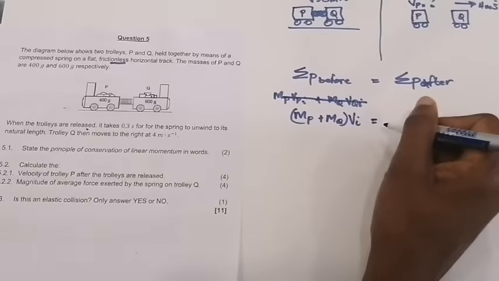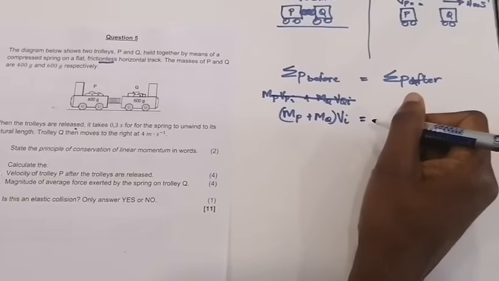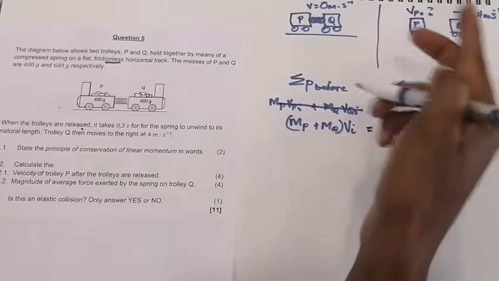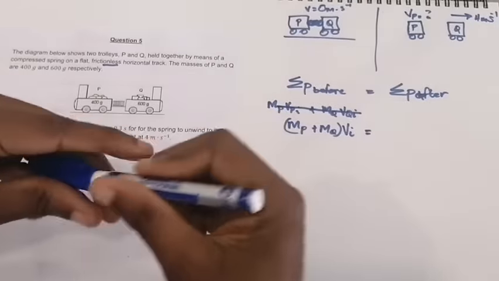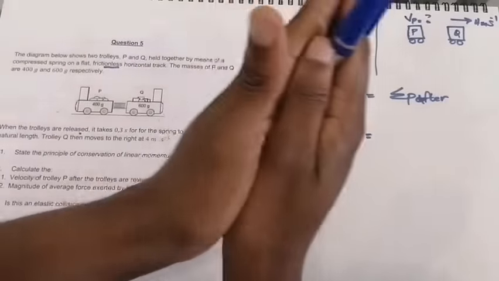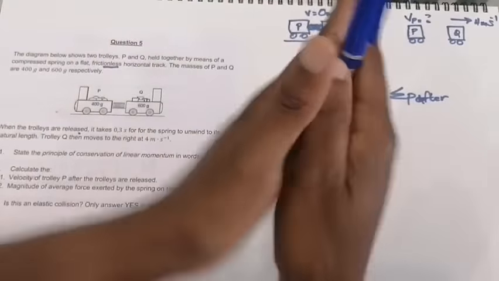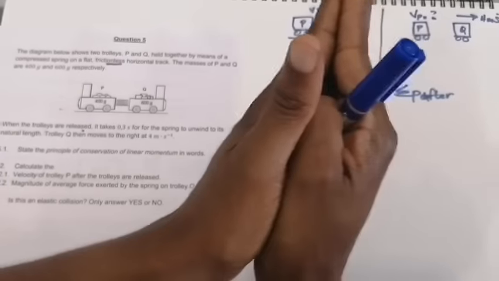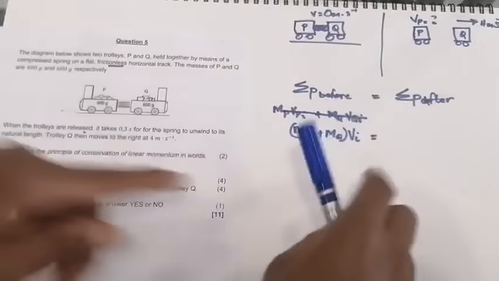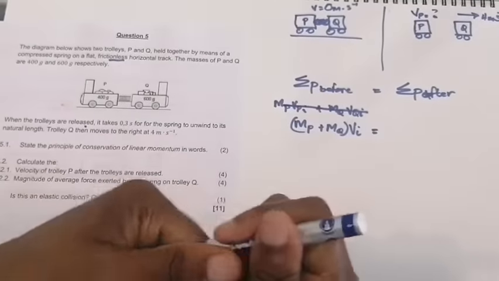In some systems, you may find actually the opposite being true. Two trolleys moving independently, right? And then afterwards, you find that they now collide and are now one system. So when they become one, only then do you take them as one, just like what you did here, okay?